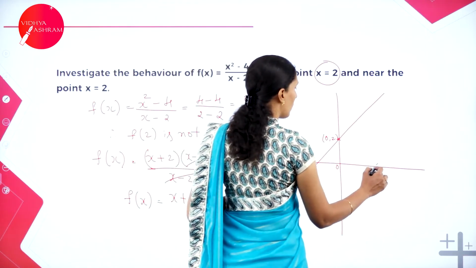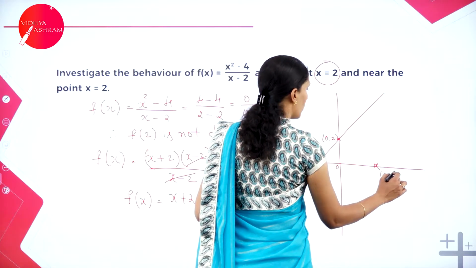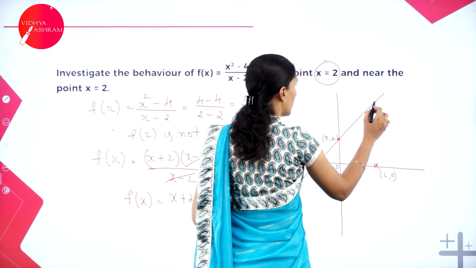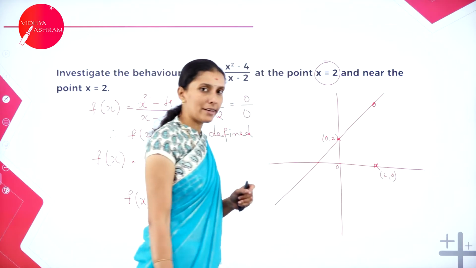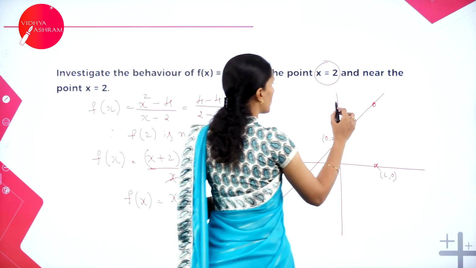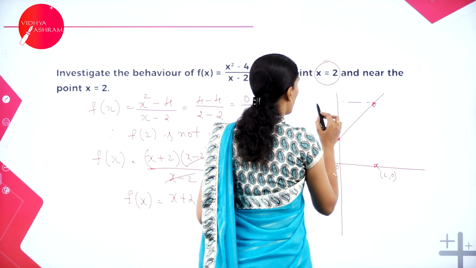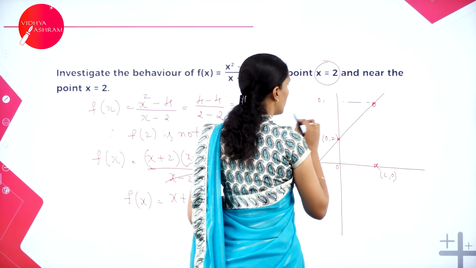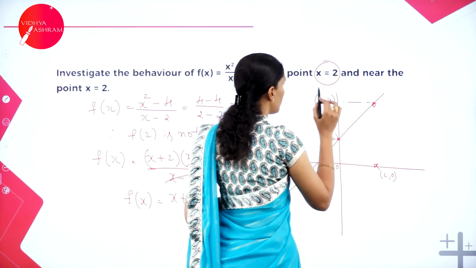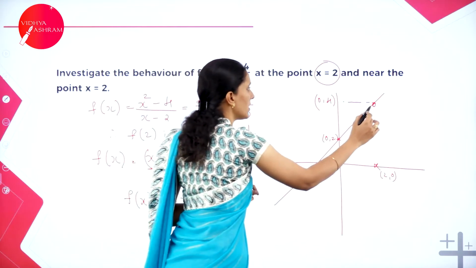So for x is equal to 2, that is 2 comma 0. So the point here is not defined. So I'll write an open circle there. So this is actually the point 0 comma 4. So here the function is not defined.